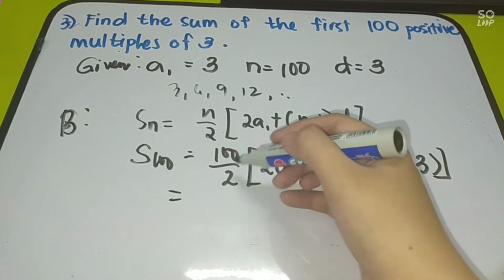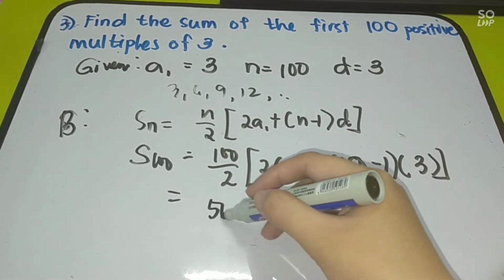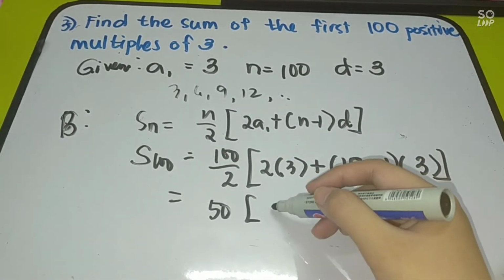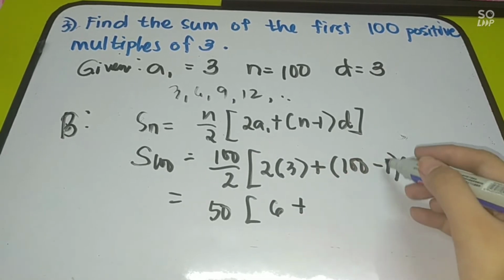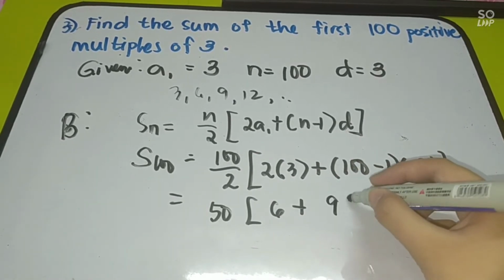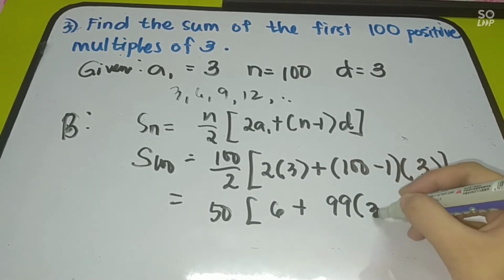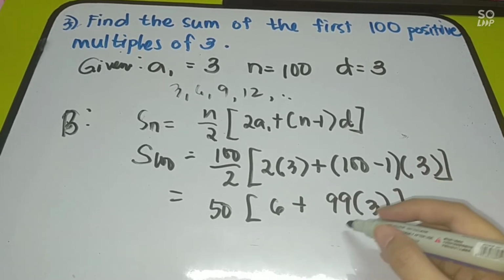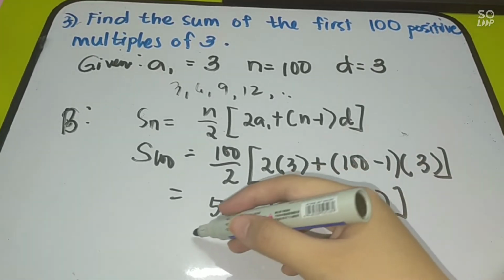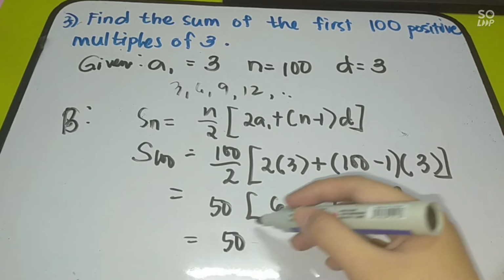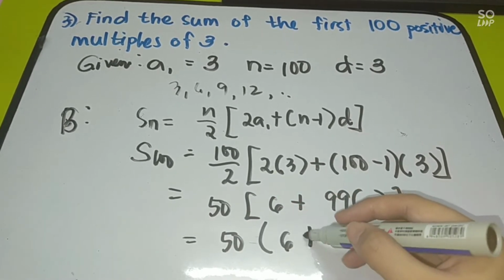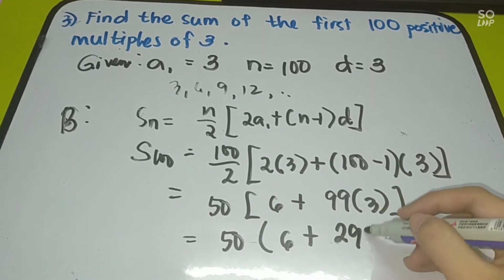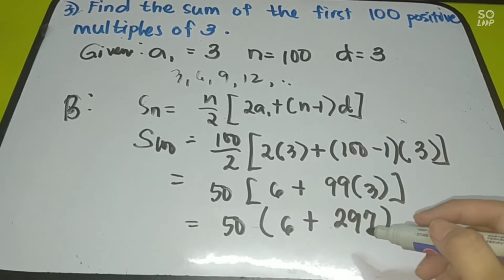Then, 100 divided by 2, we have here 50. Just copy. 2 times 3, we have 6. 100 minus 1, we have here 99. Then, multiply it by 3. If you multiply 99 times 3, the answer is 297. This one, just copy. So, I have 6 plus 297. This one, you will just add this one.